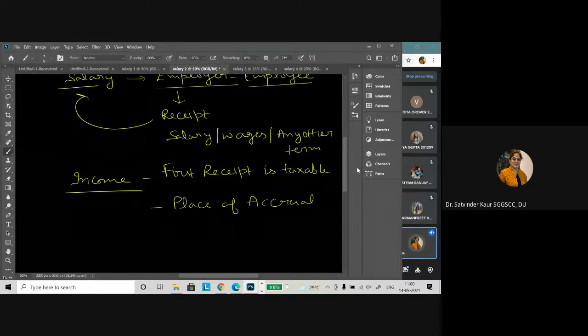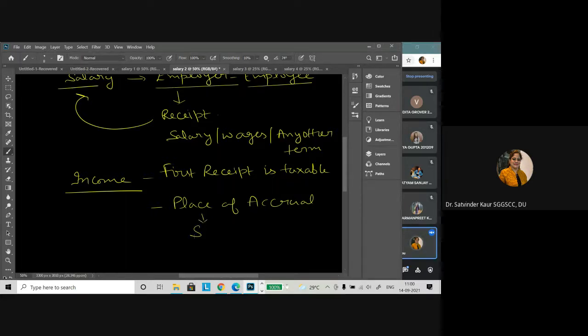So in that situation, the income is considered to arise where it is being earned. The place of accrual is considered not where it is received, but where the services are being rendered.